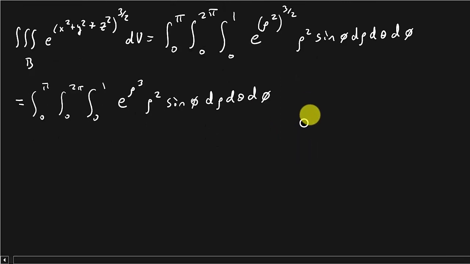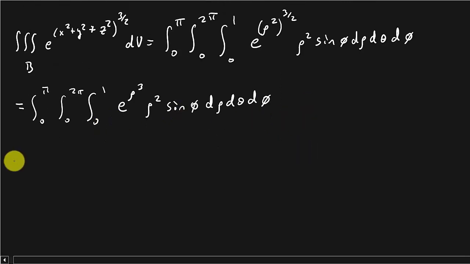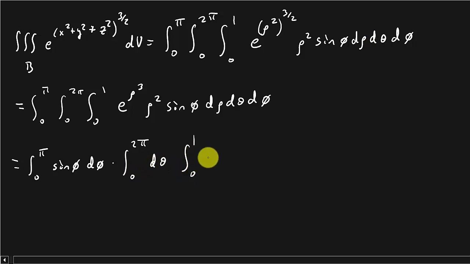Well, look at this. We can split it up into three integrals. So that's going to be 0 to pi, and that's d phi, this first integral here. So that's going to be sine phi d phi times the integral 0 to 2 pi, and that's just going to be d theta, and then times the integral 0 to 1 of e to the rho cubed.